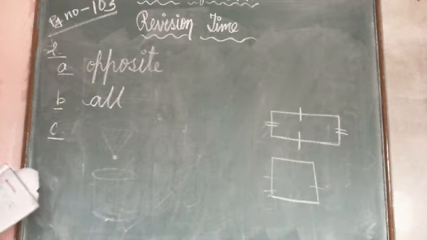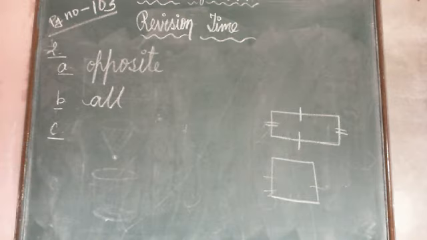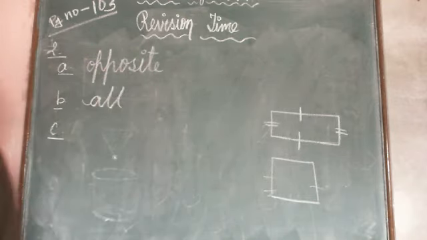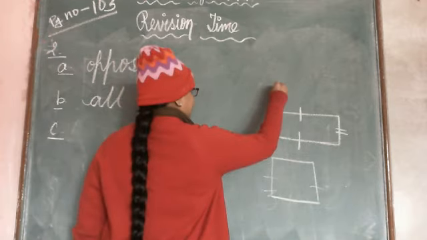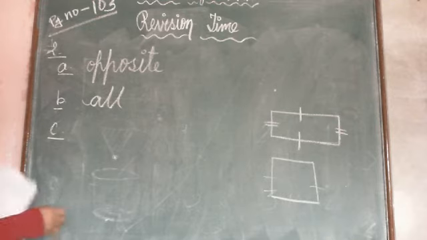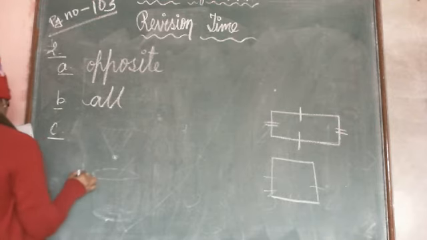Now a point has no length or dash. We know that this is a point, this is a point, and a point has no length, no breadth. So we will write breadth here. A point has no length, no breadth.